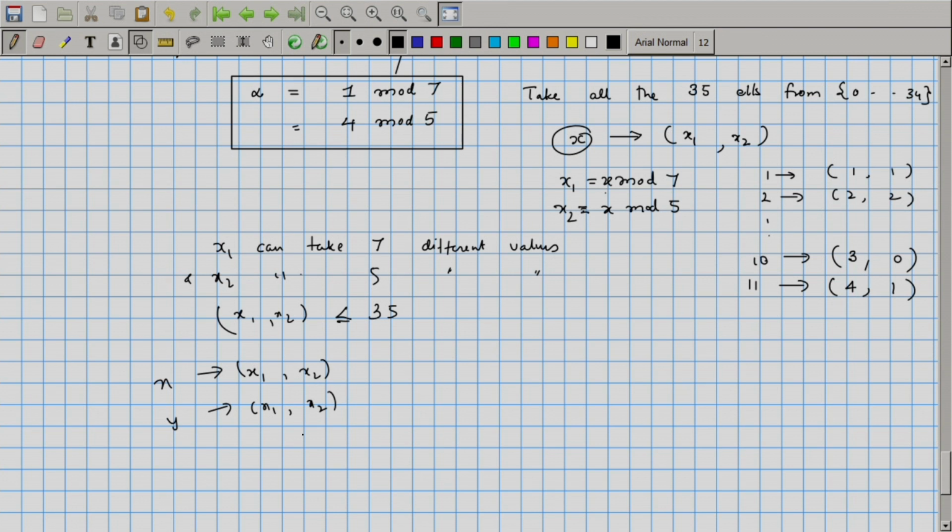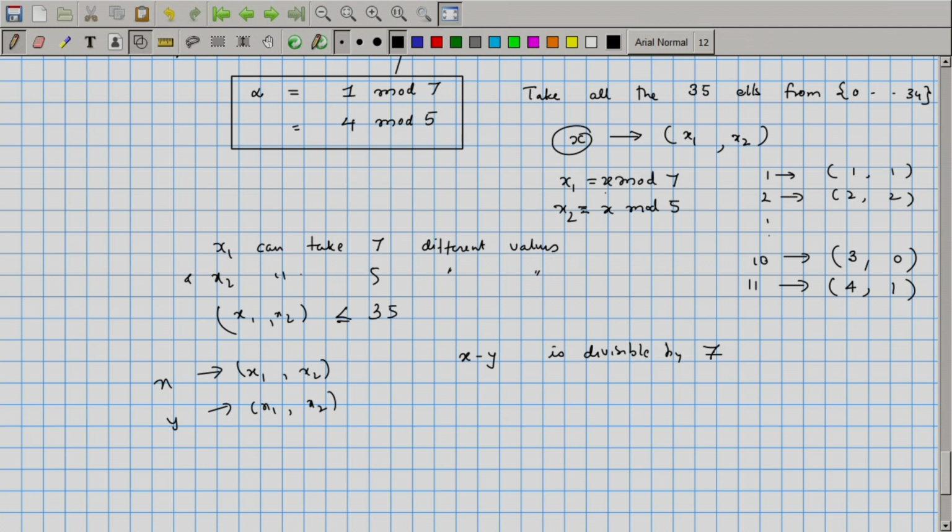Okay. What does this mean? If you look at x minus y, okay, let us assume x is larger than y, x minus y is divisible by 7, right, because x leaves remainder x1, y also leaves remainder x1 when divided by 7.